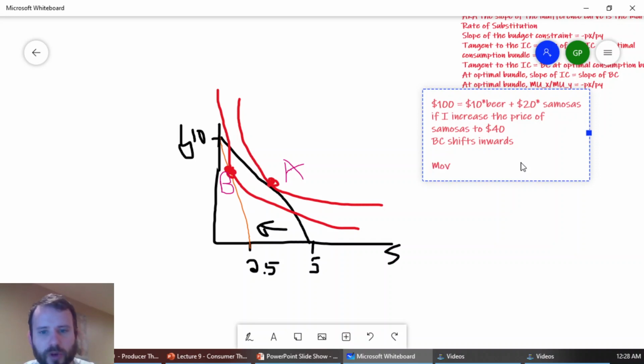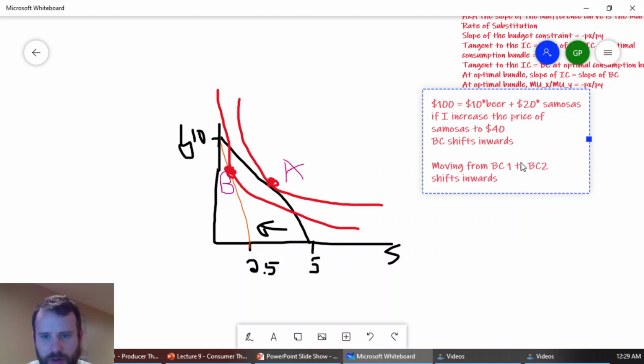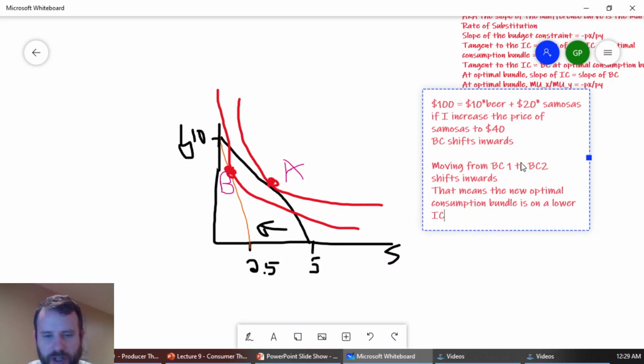Okay, so moving from budget constraint 1 to budget constraint 2 shifts inwards. That means the new optimal consumption bundle is on a lower indifference curve. Optimal consumption bundle B. So the new optimal consumption bundle is B.